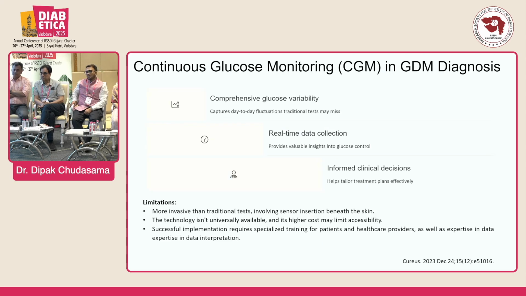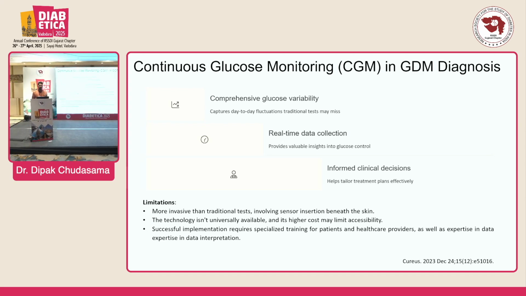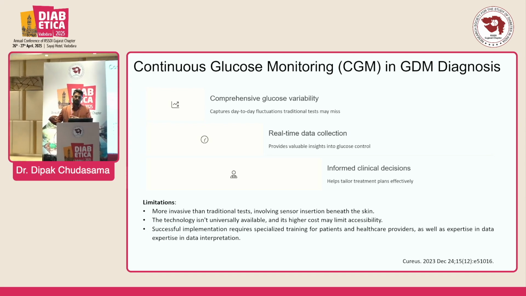CGM, again for the diagnosis of GDM, captures comprehensive glucose variability and day-to-day fluctuation, unlike the traditional tests. Real-time data provide valuable insight into glucose control and improve clinical decisions to help tailor-make the treatment plan.